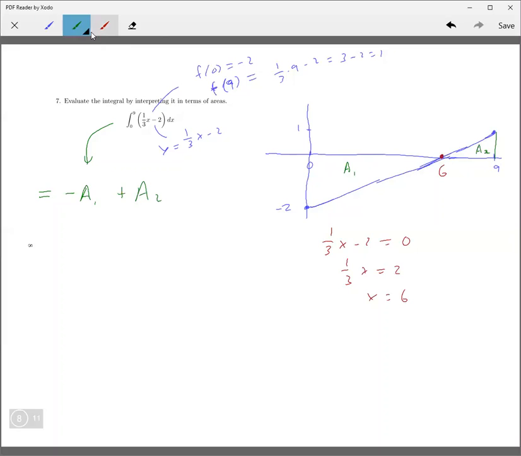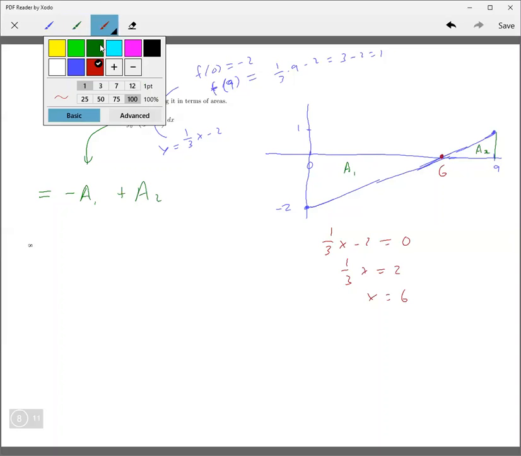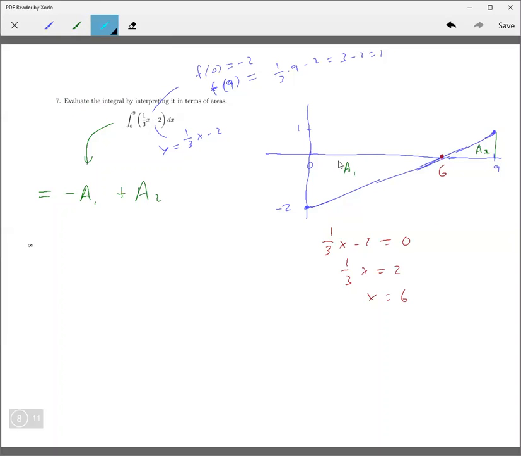Okay, now this area here is 1/2 the base times the height. The base, from here to here, is 6, and the height is 2. So 1/2 times 6 times 2 is going to be 6. So that's going to be -6.